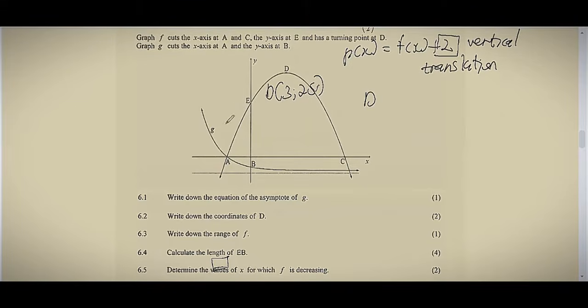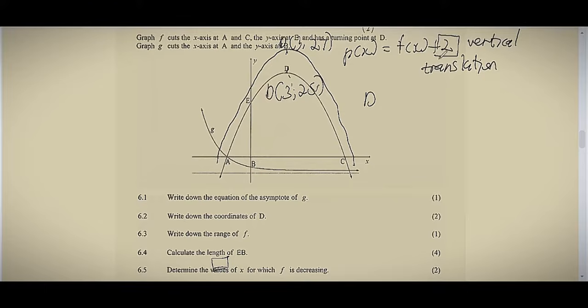So that means this is more like pushing the graph. The graph of p would be more like we just pushed it 2 units upward, like this. So this is how the graph of p would look. The turning point would still have the same x coordinate, but now it will be (3; 27) because we are pushing it 2 units upward. Hope it makes sense.